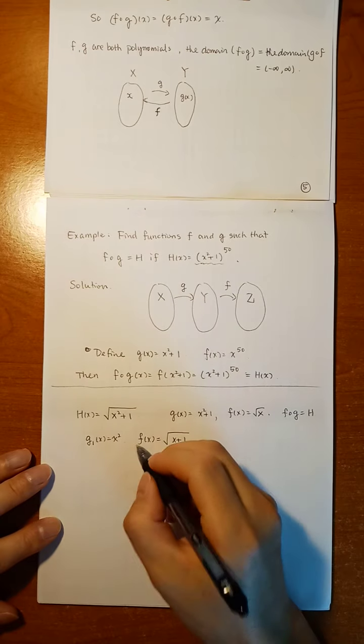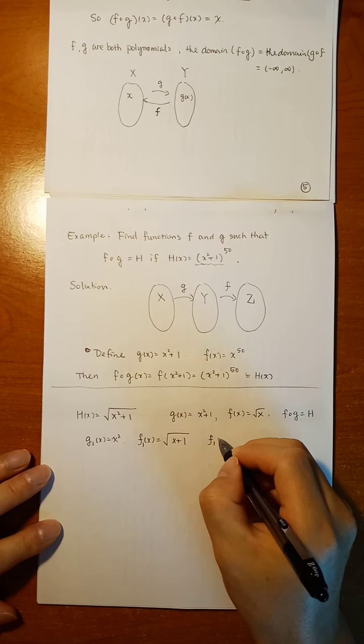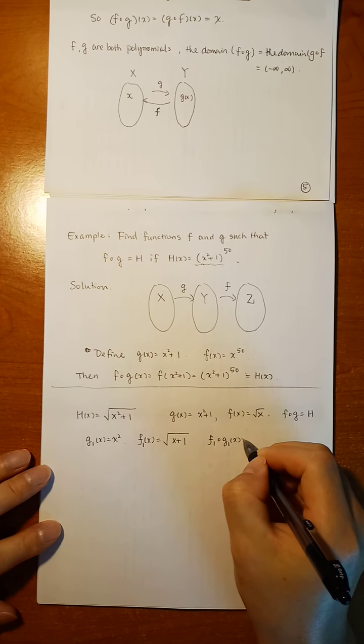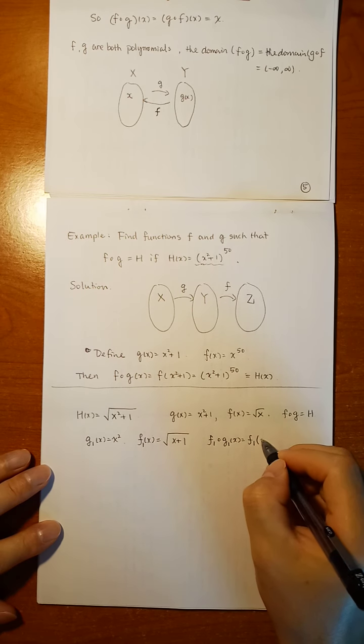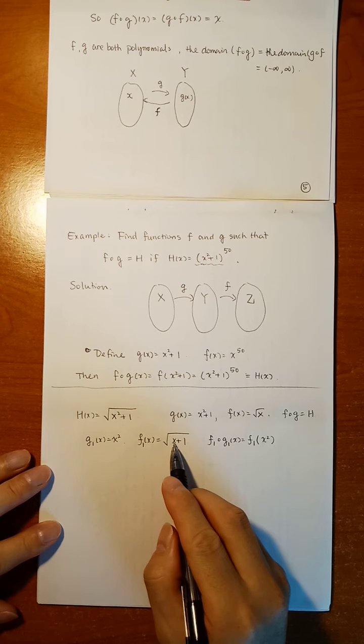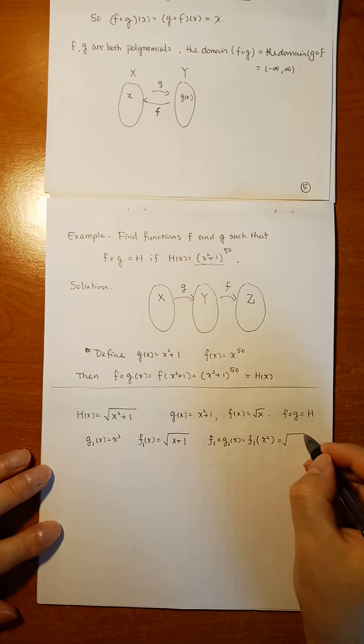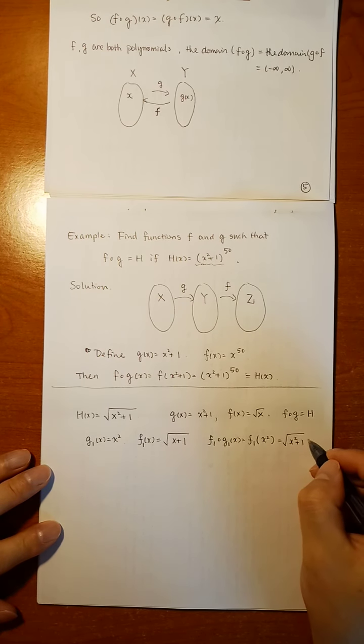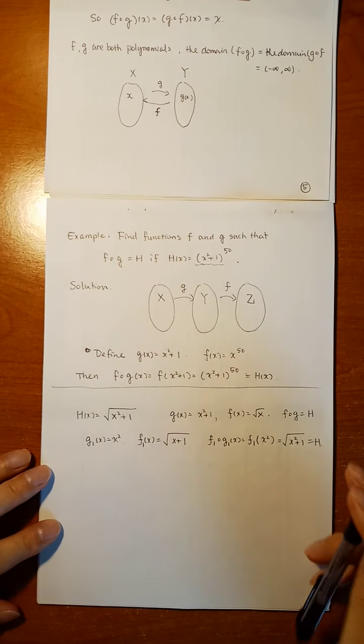Then what is f1 composed with g1 of x? It is f1 of x squared. You replace x by x squared, and you get the square root of x squared plus 1. It is h. So this is also a decomposition.